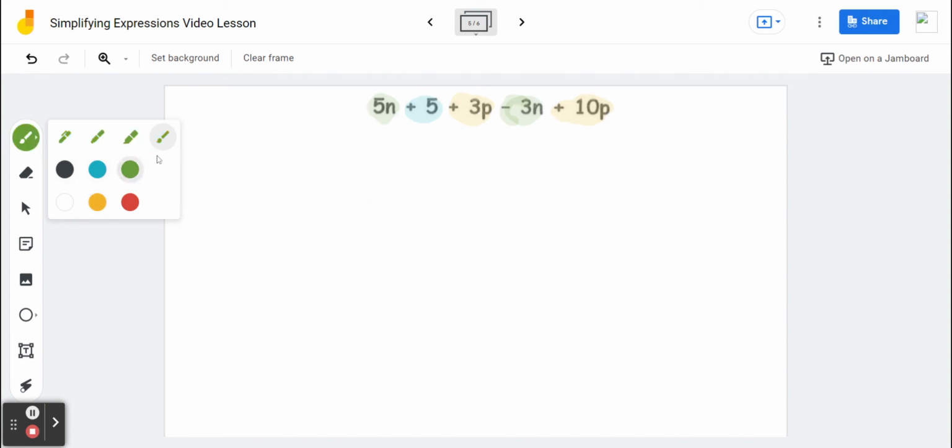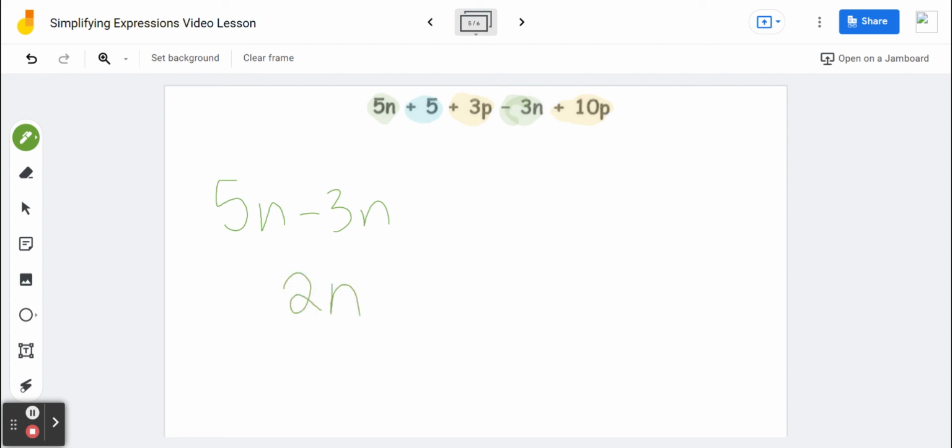So I'm gonna start with the n terms. 5n minus 3n. Well, if I have 5 n's and I lose 3 of them, that means I have 2 n's. Now I'm gonna do the p terms.